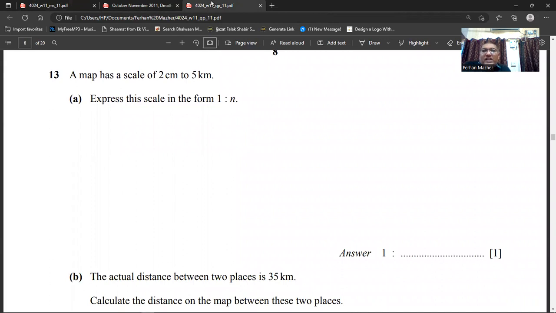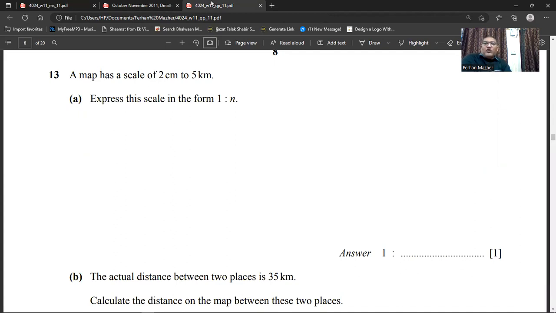So, my dear students, we are now on question number 13. A map has a scale of 2 centimeters to 5 kilometers. And he says, express this scale in the form of 1:n. So whenever you write this scale in terms of ratio, the map and the actual length should be in the same unit.